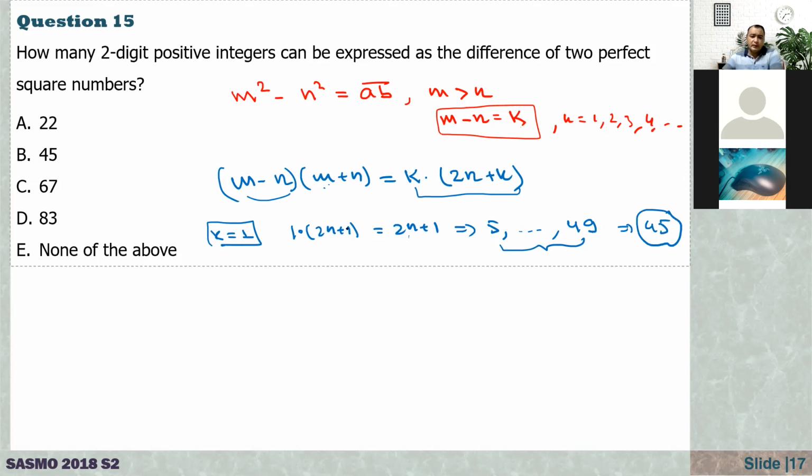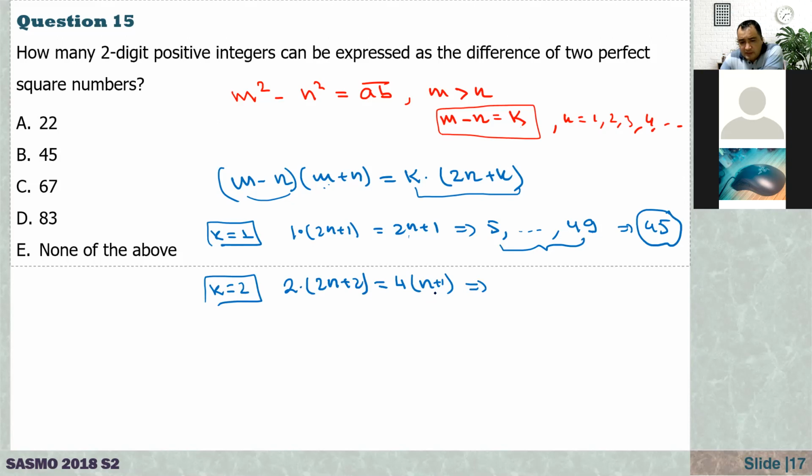Okay. Now the second case: k is equal to 2. Then we have 2 times 2n plus 2, and 2 is a common factor, so I can write it as 4 times n plus 1. All numbers which are divisible by 4 can also be written as the difference of squares of two integers.